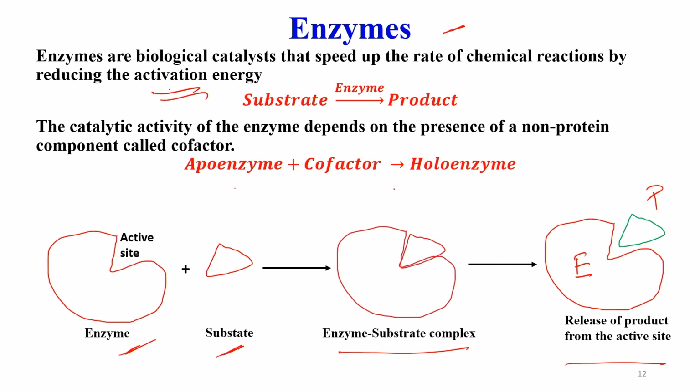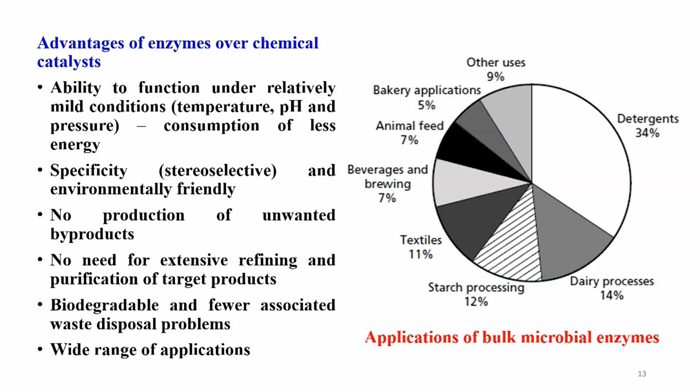Many times enzymes require a cofactor for their proper activity. In that case, without the cofactor they are called apoenzymes, and with the cofactor they are referred to as holoenzymes. You can see the application of microbial enzymes mostly in the detergent sector, followed by dairy processes, starch processing, textiles, beverage and brewing, animal feed, bakery applications, and some other uses.